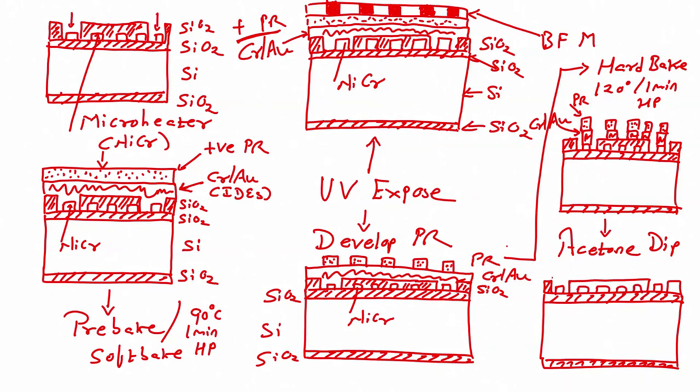Micro heater on which there are interdigitated electrodes. These are interdigitated electrodes, and this is your silicon dioxide, as you know now.